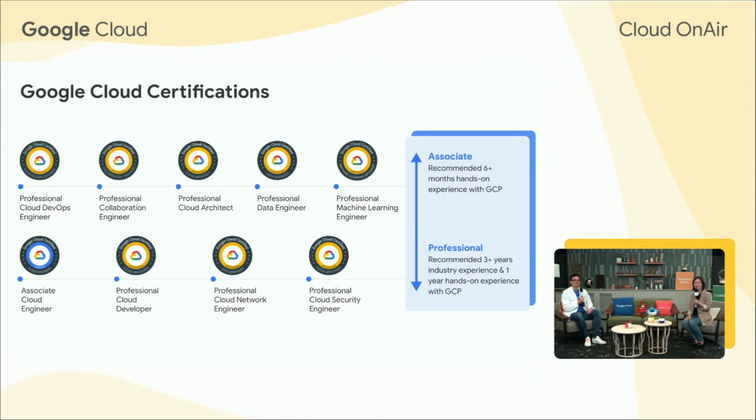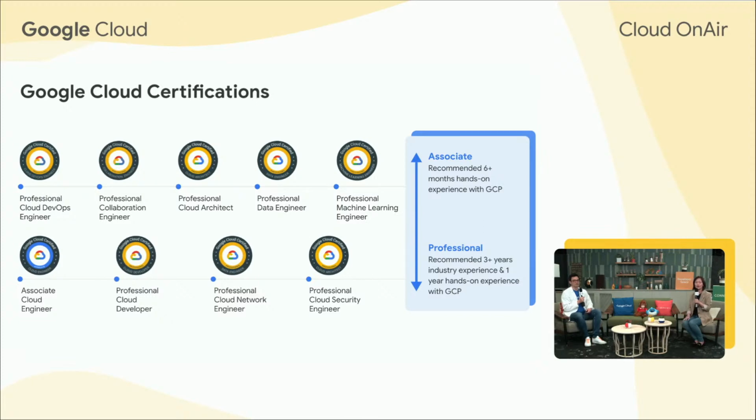This slide shows you all the certifications available for Google Cloud. We recommend starting with Associate. It is recommended for people with 6 months hands-on experience with Google Cloud. So after the week-long training, you can continue your Qwiklabs and your Coursera on-demand training towards gaining the Associate Cloud Engineer certification.